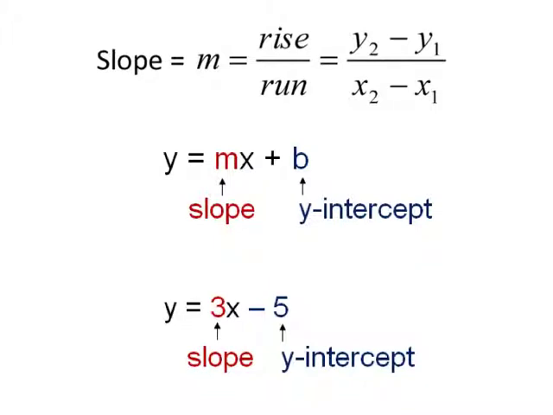All right, now this is the second part of this lesson, and it's the slope formula. The formula for a line is y equals mx plus b. B, we know, is the y-intercept. It's our starting point.